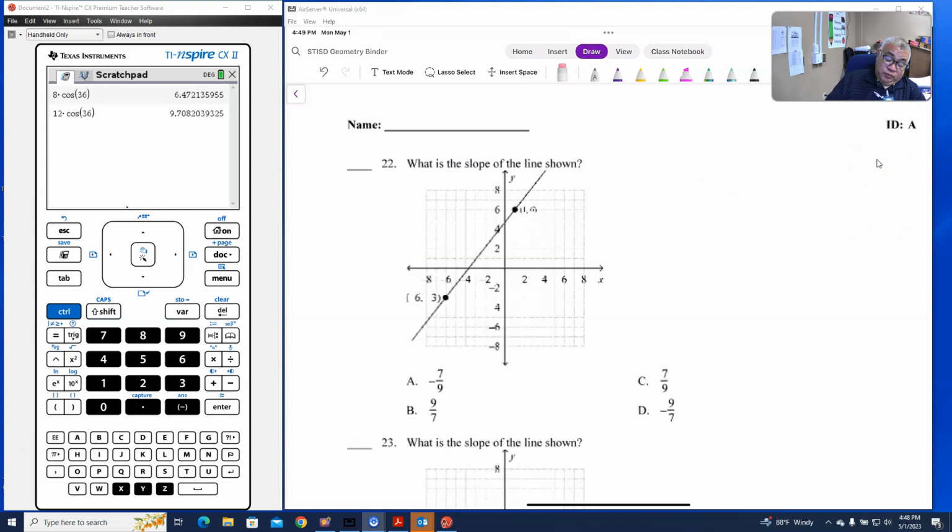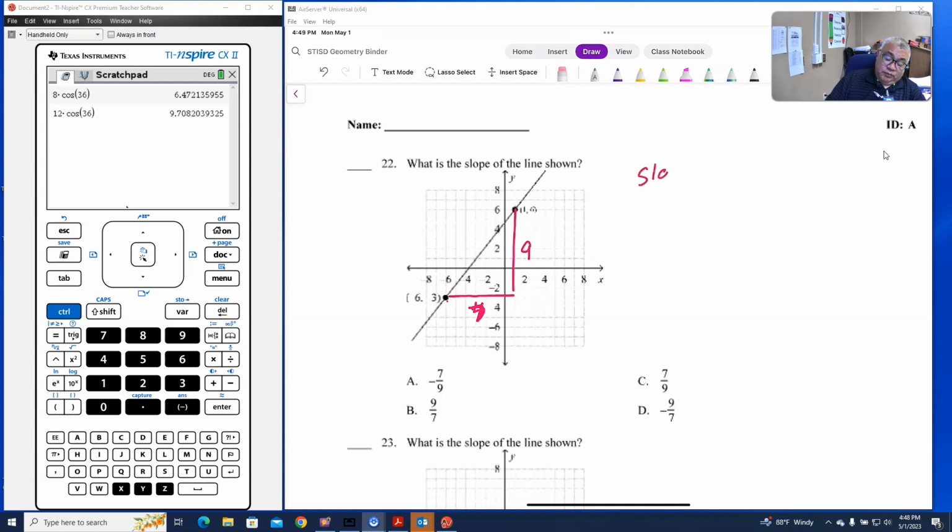To find the slope, you can make a right triangle, and all you have to do is count the distance. From here to here is 6 plus 3, which is 9. And then from here to here, not 4, it's 6 plus 1, which is 7.